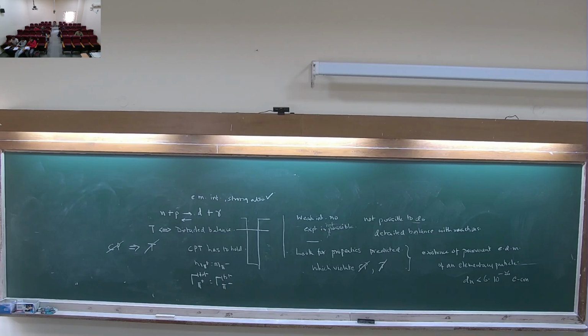So whoever is looking at the low energy experiments is supposed to survey this particular quantity, and d of the electron is 1.6 times 10 to the minus 27 e centimeters. So these are the present bounds on these quantities.